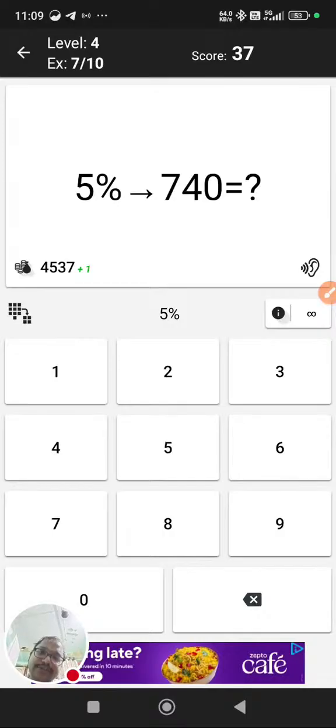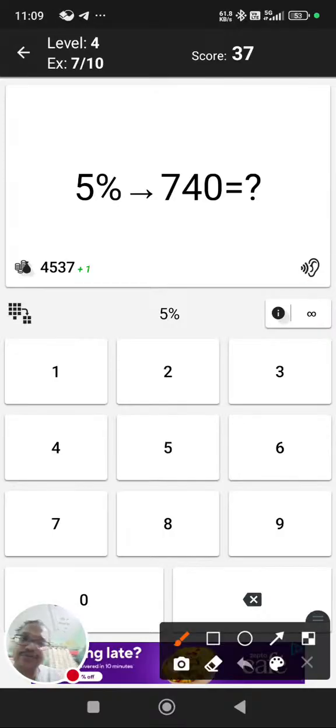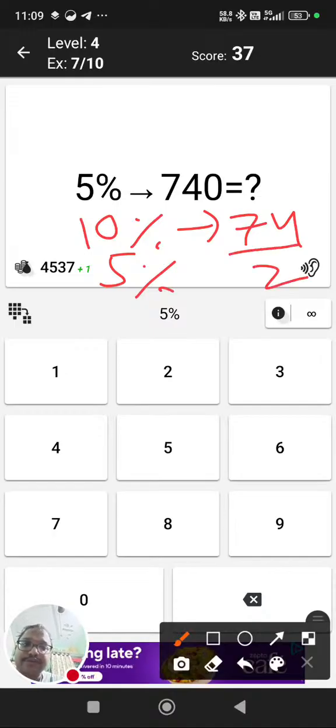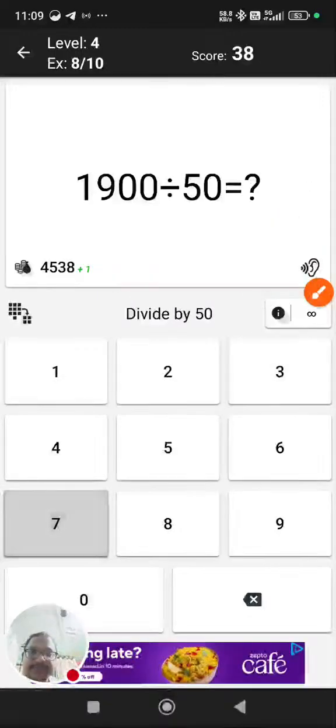Next, 5 percentage of 740. We know 10 percentage value of this one is 74. So 5 percentage will be half of 74. So what we do is 74 divided by 2, which will be 37. Answer will be 37.